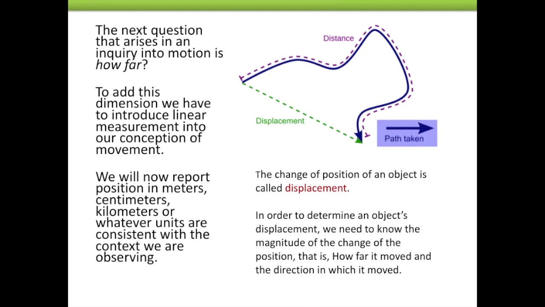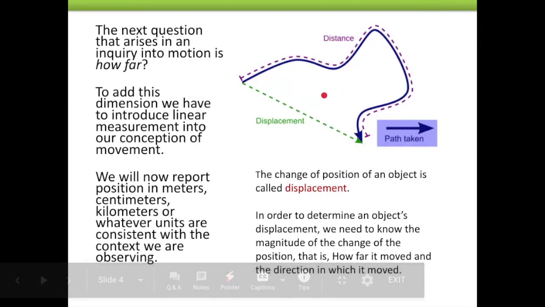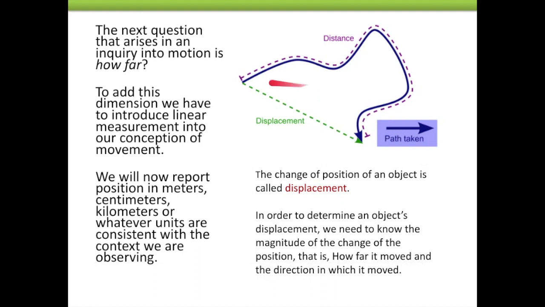Now, the change of position of an object is called displacement. So think about this. Look at this diagram. Let's say that all of this inside of here is a lake. And we park over here. So this is going to be XI, our initial position.